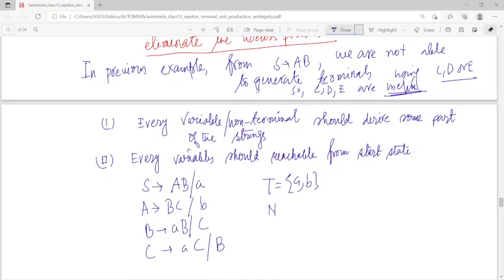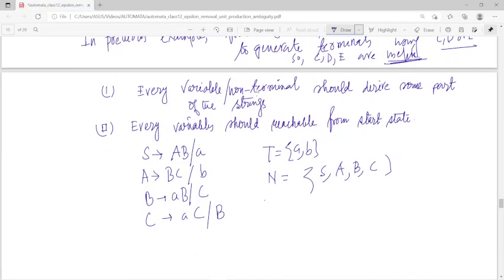If you talk about the non-terminals, they are S, A, B, C. So terminals are always useful. So how can we get it? First, every variable should derive some part. So first, of course, the terminals are always useful.